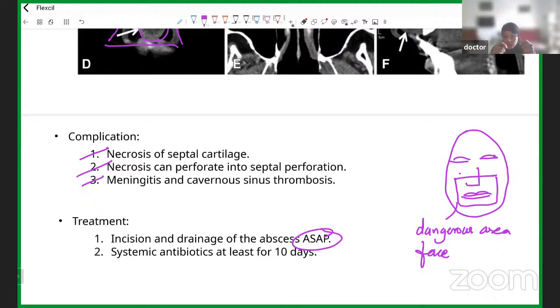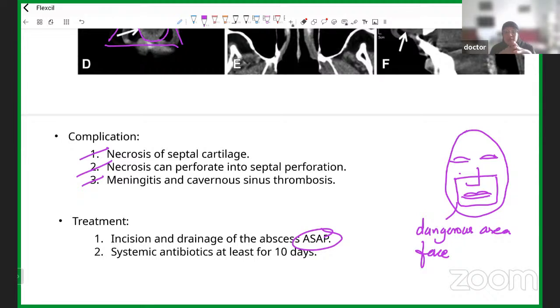You keep it open, keep changing the dressings, keep it clean, drain the abscess, put them on antibiotics, and slowly when it shrinks, only then can you suture them. Never suture an abscess, be it any abscess, abscess in the ear, abscess in your nose, sebaceous cyst, abscess in any sort of muscle. Never suture any abscess. And remember that any abscess should be drained ASAP.